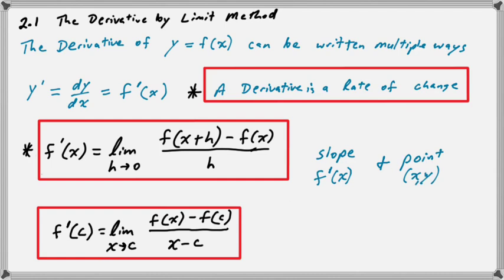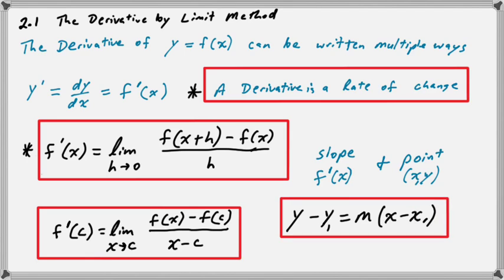If we have a point and a slope, I can write the equation of a line using point-slope formula: y minus a y value is equal to m times x minus the x value. Again, that's called point-slope form, and we use it to write the equations of lines. These are the main formulas we're going to use in section 2.1.